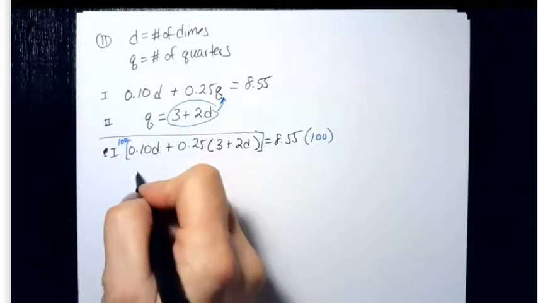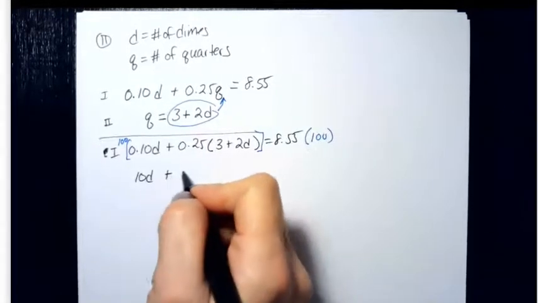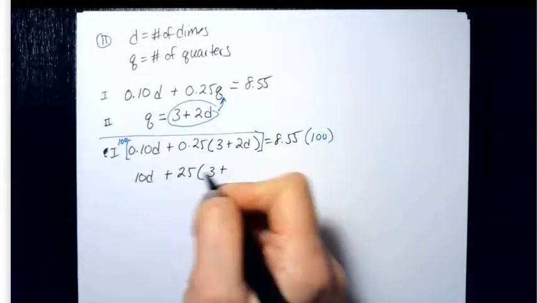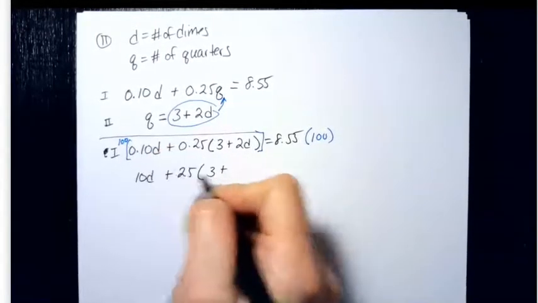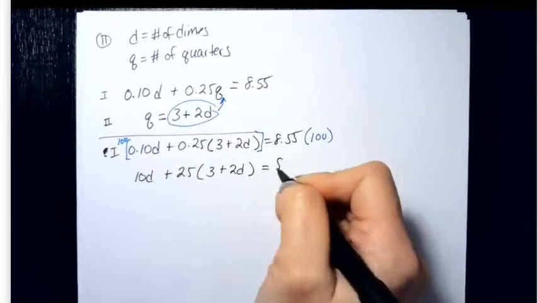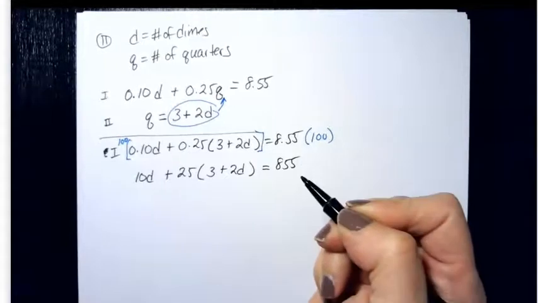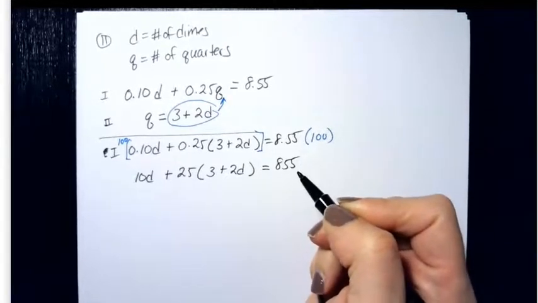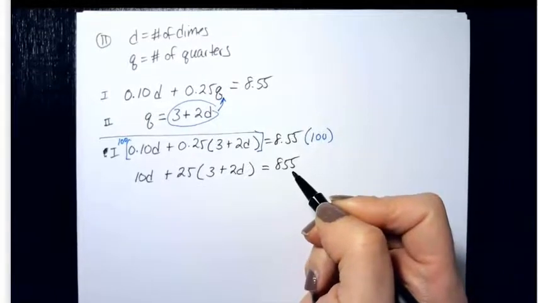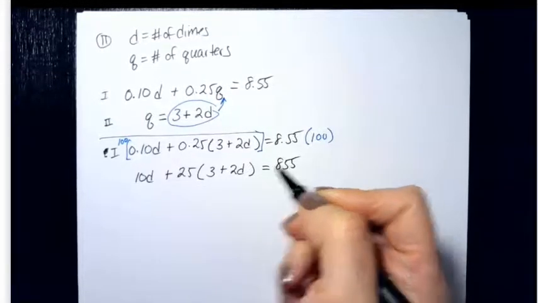So this now becomes 10D plus 25, inside the parentheses, stays the same because that 25 carries that 100 with it and then will distribute in the parentheses. Equals 855. And that's just maybe to visually clean it up so you don't have to worry about the decimal points. You could certainly work with them and you'll still get the same thing.